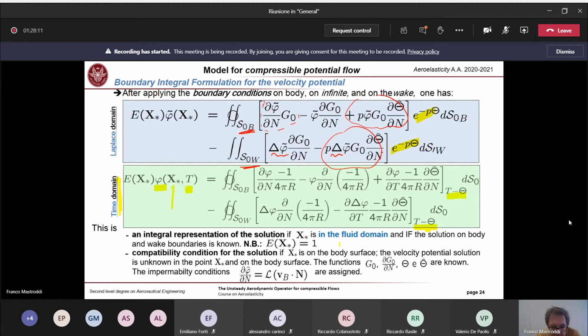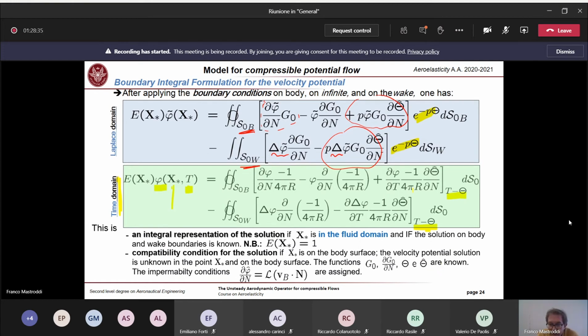But the same equation is a compatibility condition for the solution if x star is on the body surface, and therefore the velocity potential solution is unknown at the point x star on the body surface. The function g0, the g0 on the normal, theta and theta are all known functions.